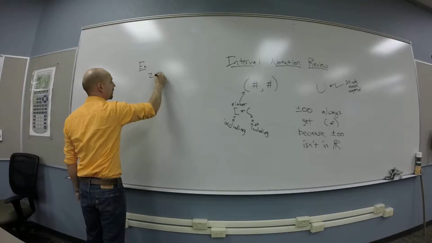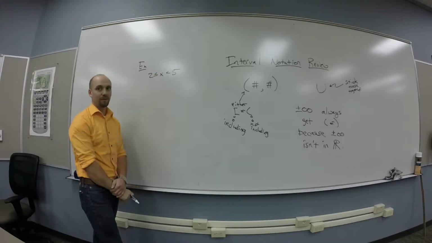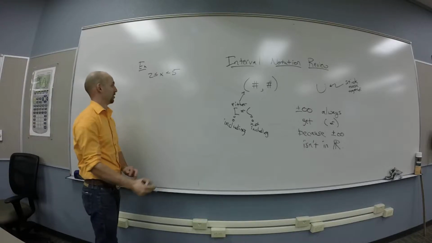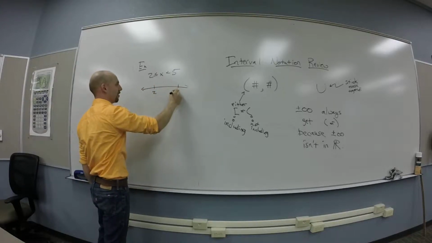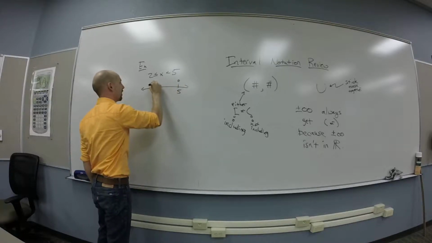How about maybe some examples? If I wanted to write 2 is less than or equal to x less than 5, how would I write that? I could draw a number line and put 2 and 5 on it. 5 would be an open circle, and 2 would be closed.